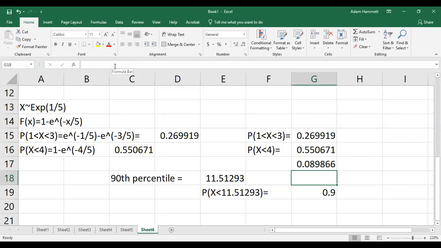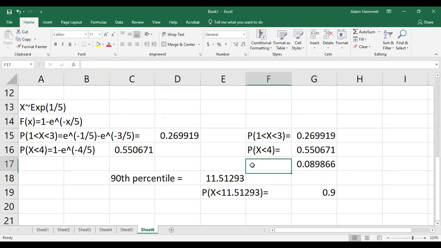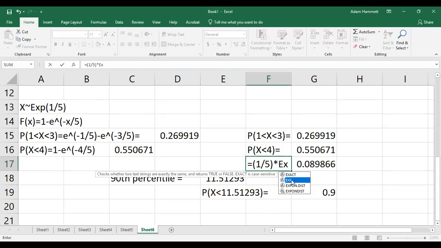What's going on? Well, what was our lambda? Lambda was 1/5. Watch, I'll show you what it's doing. It's just taking the density. Remember, the density is lambda, which is 1/5, times the exponential function raised to which power? Negative X over 5, whatever the X value is, over 5.